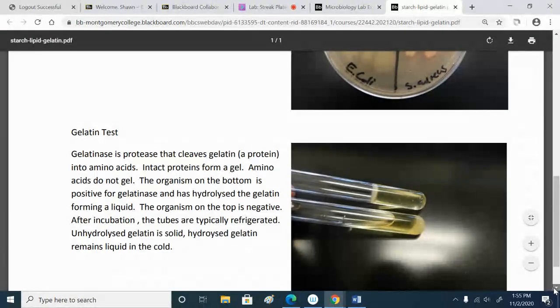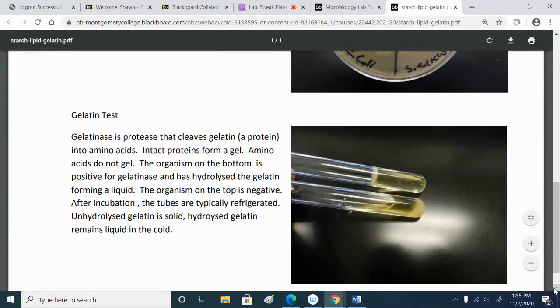And then for gelatin, remember the enzyme is gelatinase. If the bacteria produce gelatinase, they will hydrolyze the gelatin so that when we stick it into the refrigerator, it stays liquid because the gelatin has been broken down into amino acids.